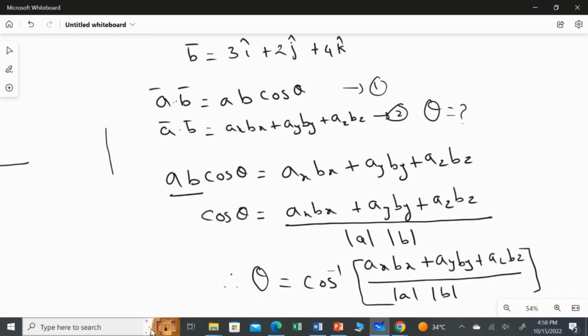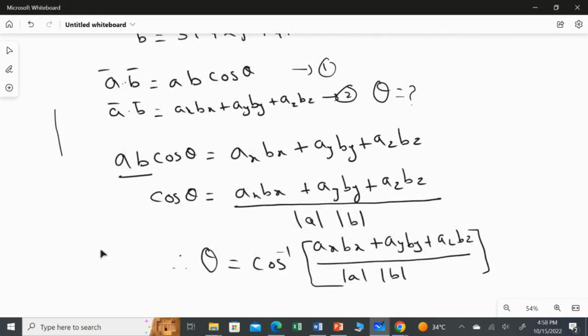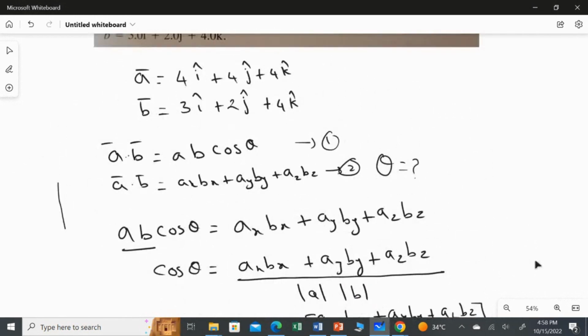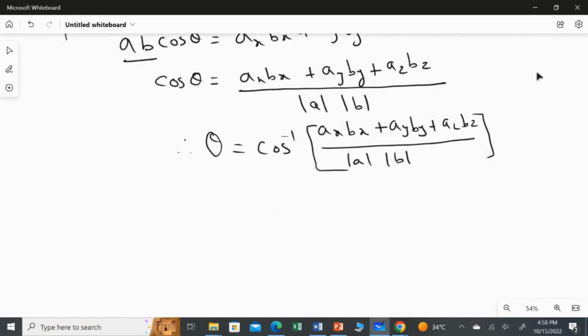So now we got the relation for finding the value of theta. The rest is very easy because we already framed the equation for theta. The only thing we have to do is substitute the values. For that, I'm going to rewrite the vectors here.